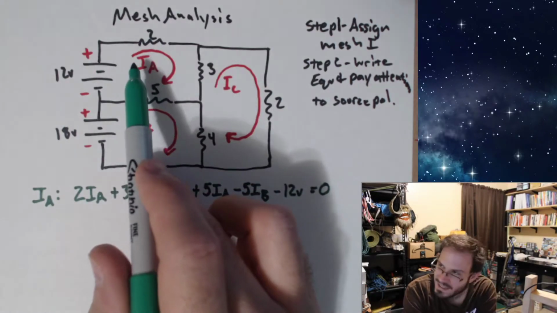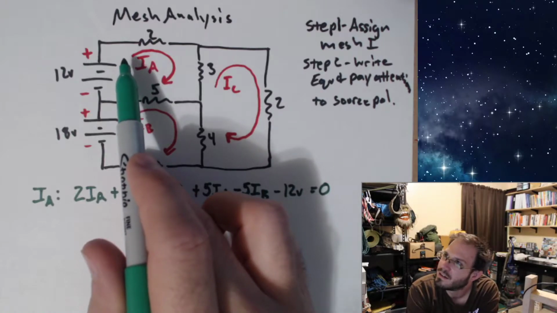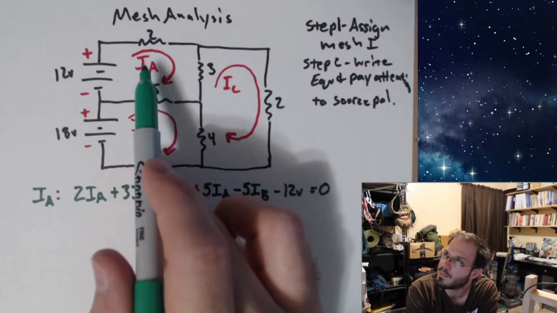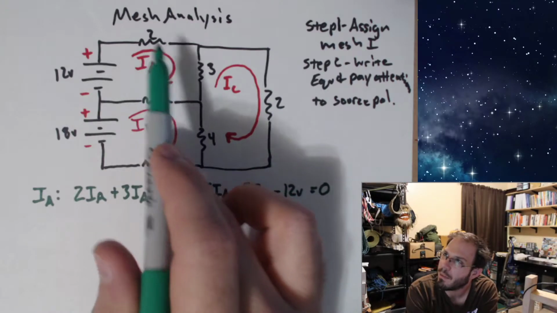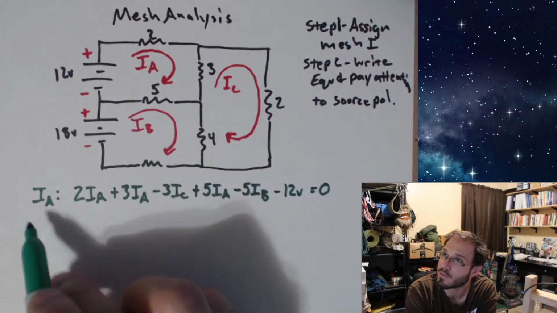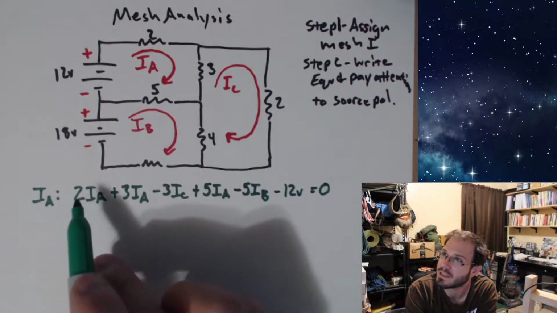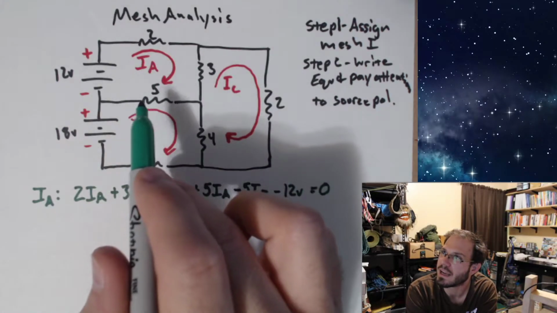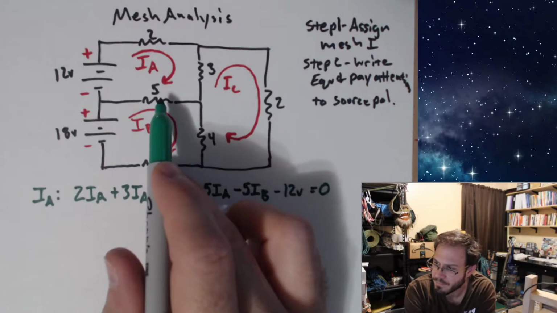So you can always count that the voltage that we are writing with respect to this mesh current is always going to be positive for the components that IA refers to. So if we're writing an equation for IA, we're always going to have plus 2IA, plus 3IA, and etc. Okay?